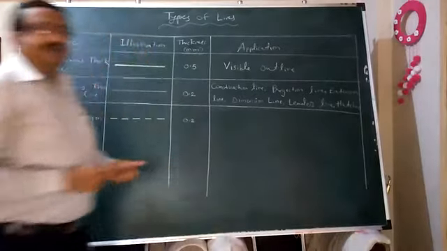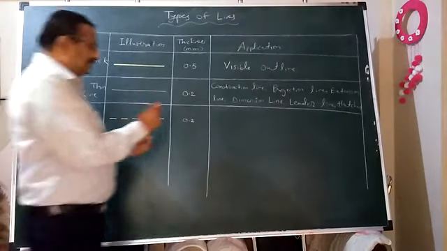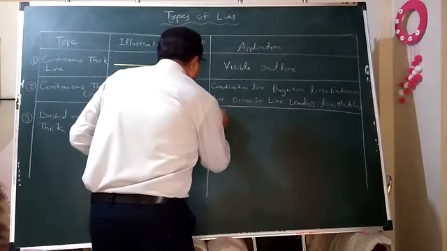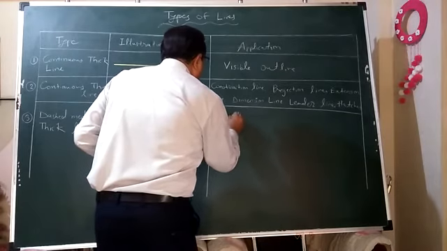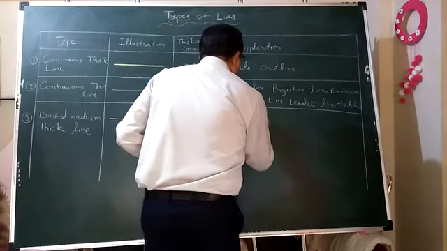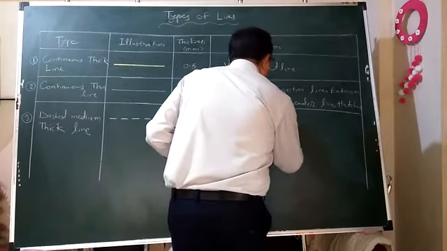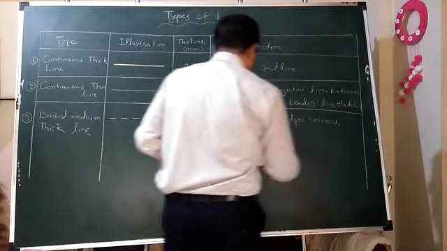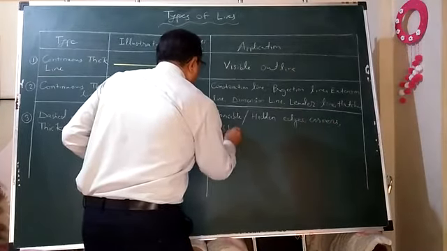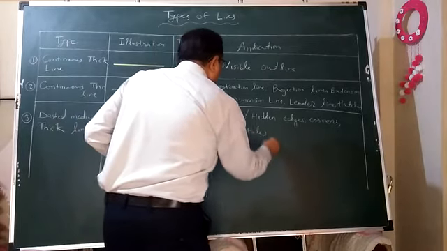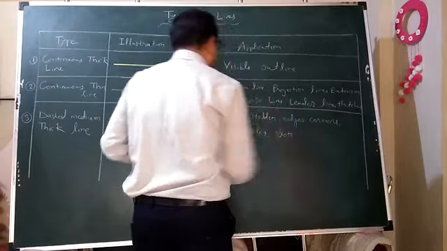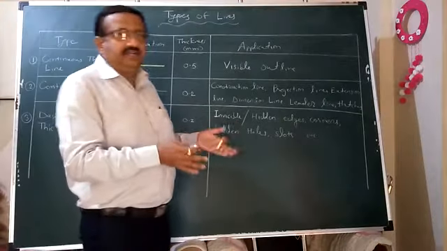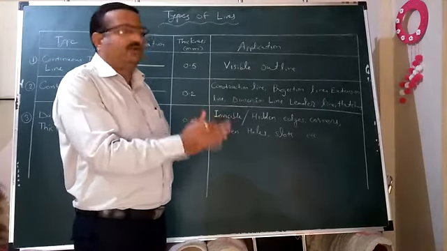For what purpose is it used? The dashed medium thick line is naturally used to show invisible, or we can say hidden edges, hidden corners, hidden holes, slots, etc. The thing which is not visible at a glance, it is hidden within the object itself, the body itself.